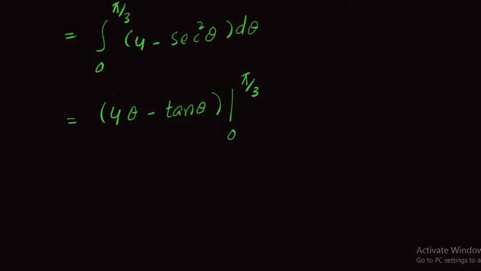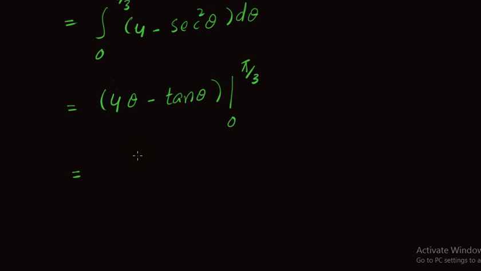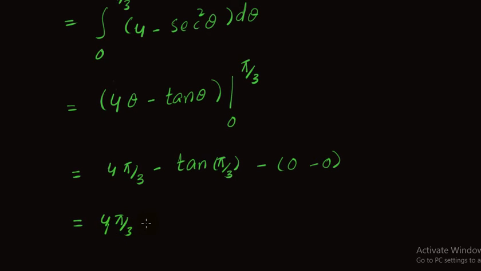First we apply the upper limit, which is pi by 3, so 4 pi by 3 minus tan pi by 3. This is our upper limit, minus lower limit. When theta equal to 0, it becomes 0, and tan 0 is again 0. So this is equal to 4 pi by 3 minus tan pi by 3.